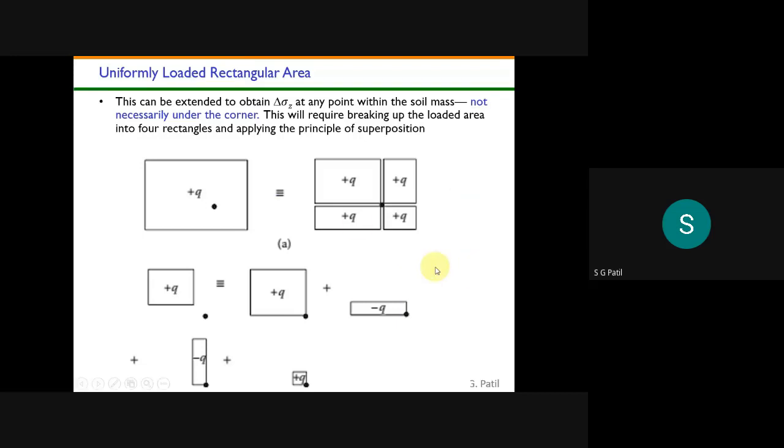Remember that you should apply the theory of superposition. Like this, this is the rectangular area. Suppose you are asked to find the stress at a point somewhere here, then you have to redraw this loaded area so that this point becomes a corner point. How can I make this point a corner point? Just by redrawing like this.